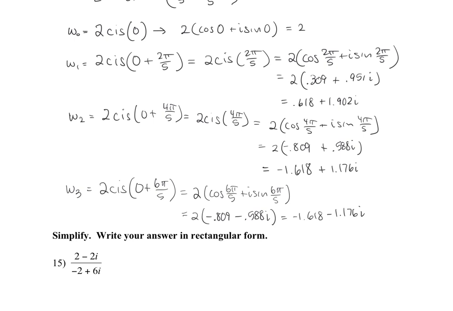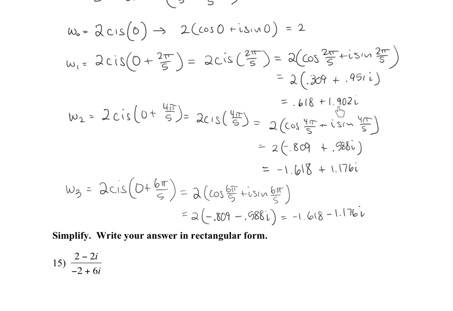So the remaining one, w4, when k is equal to 4, if we think about complex roots, this was a topic from Math 1050. Complex roots always come in conjugate pairs. So you see this one, negative 1.618. The difference here is just plus or minus. Anytime we have a complex root of a number, they always come in a conjugate pair. These two form a conjugate pair.